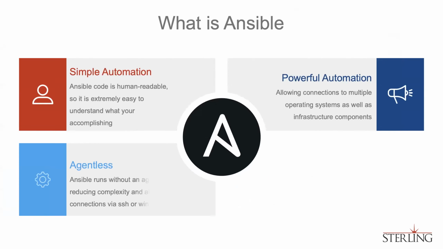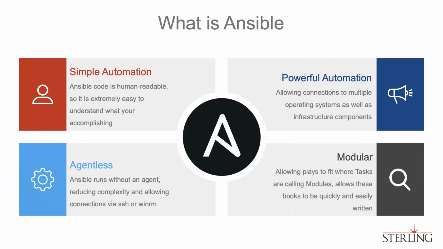So let's jump into Ansible itself. When we look into the Ansible engine, there's a lot of different things that it can do, but let's take a look at what it is and the big things that we get by using it. The first one, and this is real easy to point out, is that it's very simple automation.